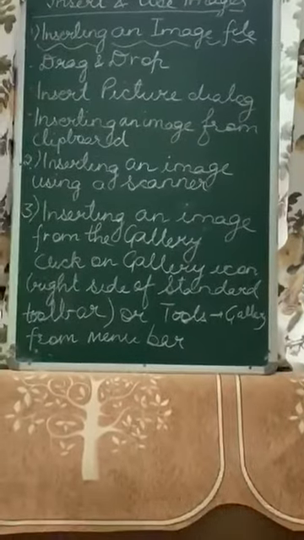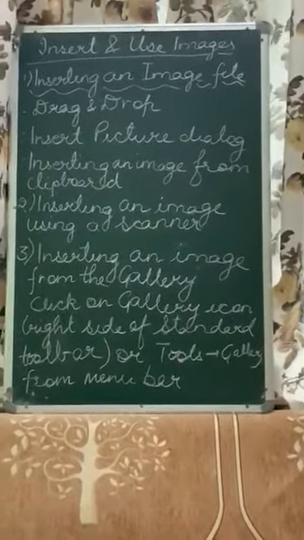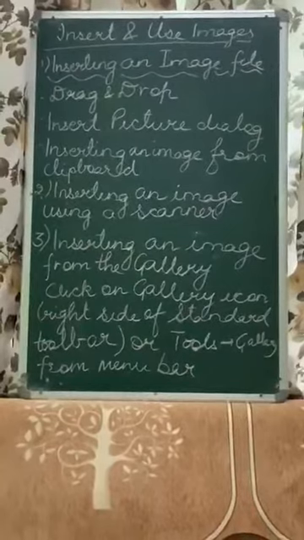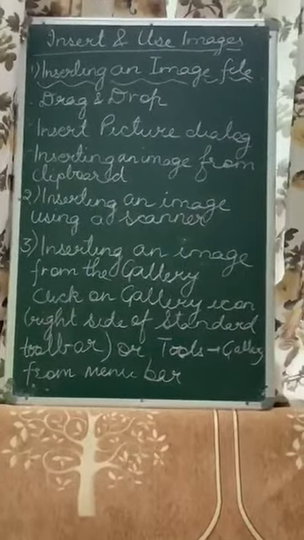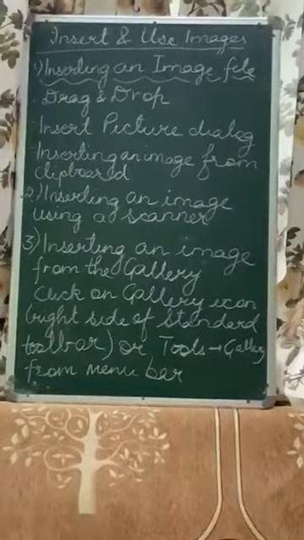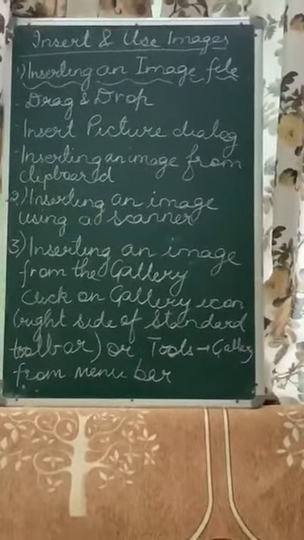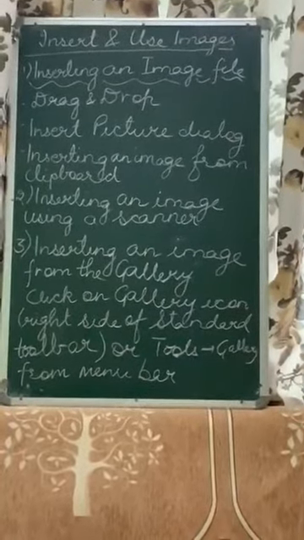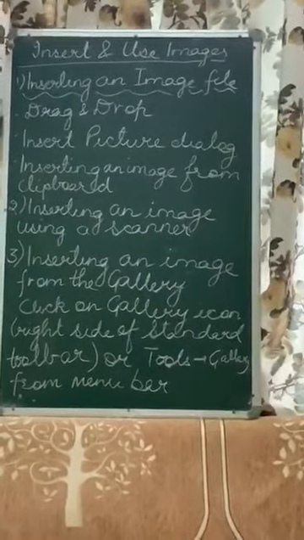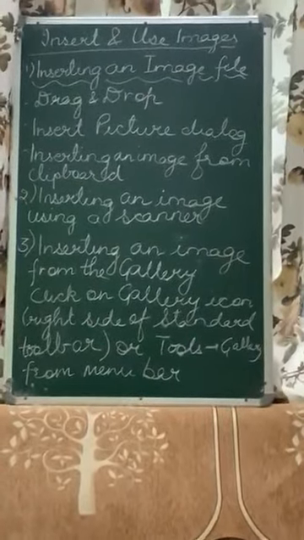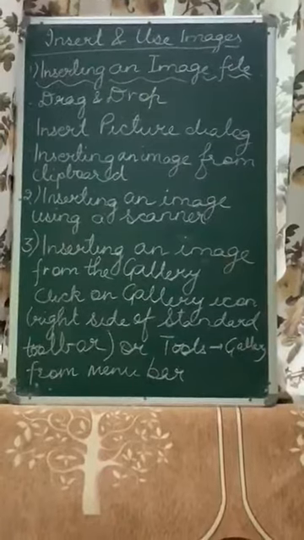The next one is inserting an image from the gallery. The gallery provides a convenient way to group reusable objects such as graphics and sounds that you can insert into your documents. Gallery is available in all the components of openoffice.org. It contains a variety of images.